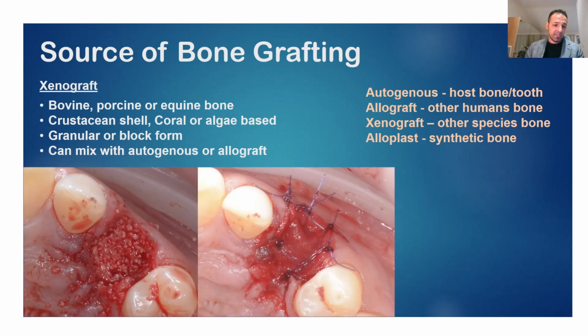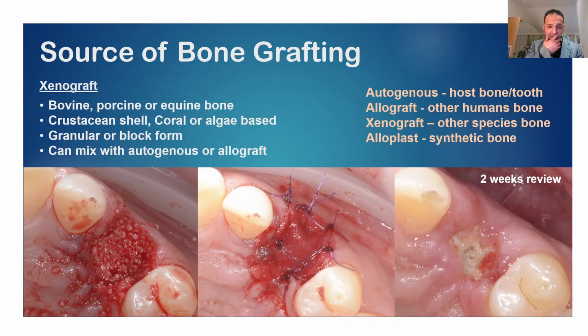And here we have an example of a xenograft. This is bovine bone placed in an extraction socket, and we have a porcine membrane here sutured down. This is my case, and this is a 2 weeks review, and you can see granules of the bone graft at the base there, as well as granulation tissue growing over the top.